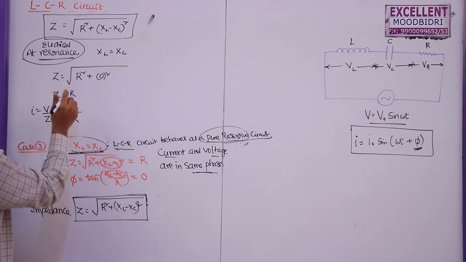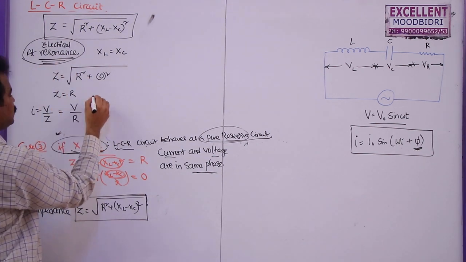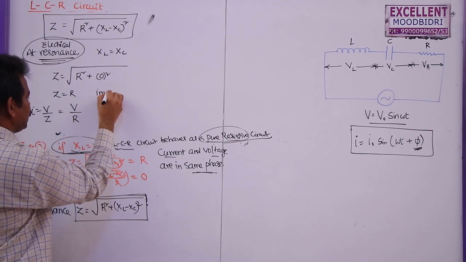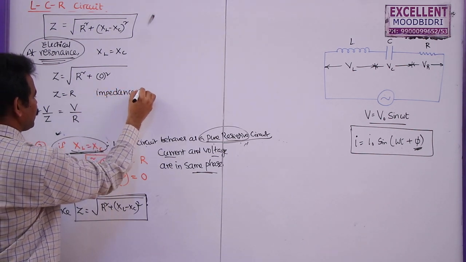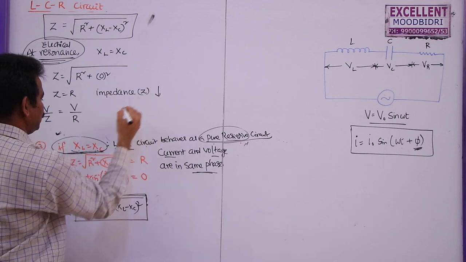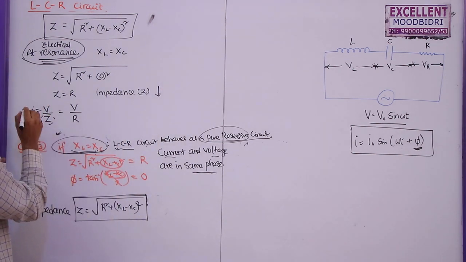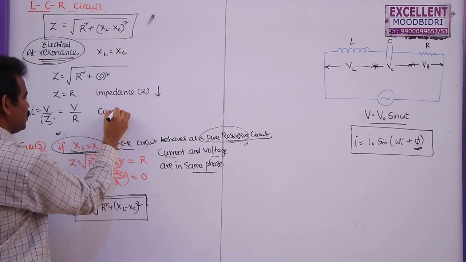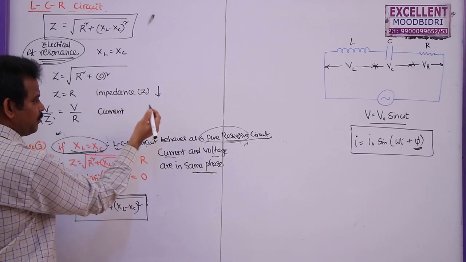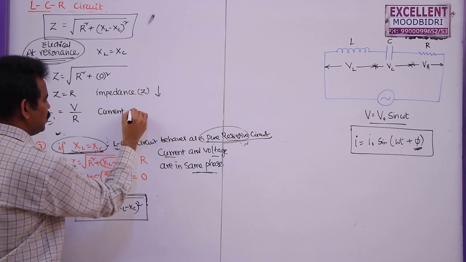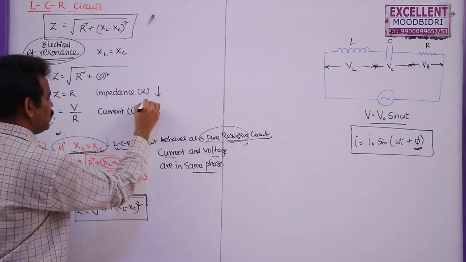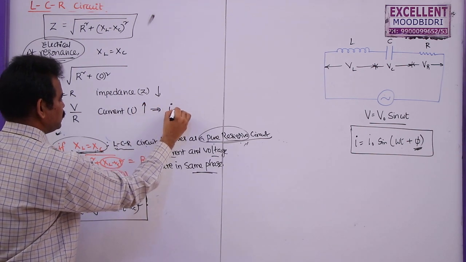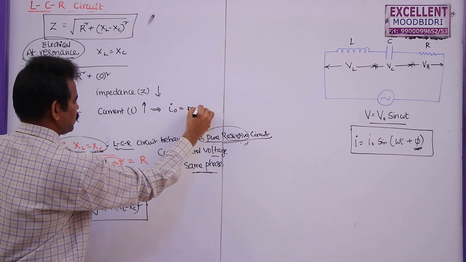So at electrical resonance, impedance decreases. As impedance decreases, current increases, and that current will become the maximum current in the LCR circuit.